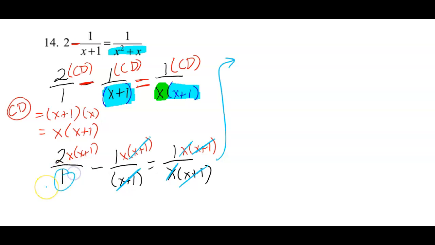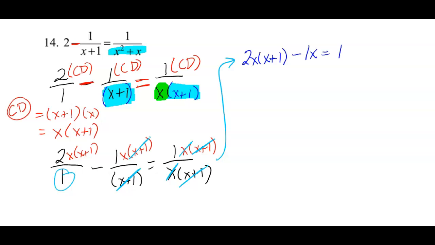The 1 doesn't matter because anything divided by 1 is what you started with. So now rewriting, I have 2x times x plus 1 minus 1x equals 1. Generally, you can do some of these steps together, but I just want to be clear. So now I'm just solving.